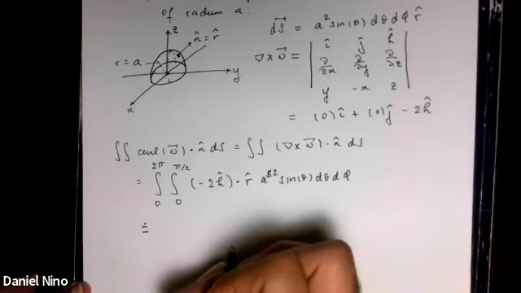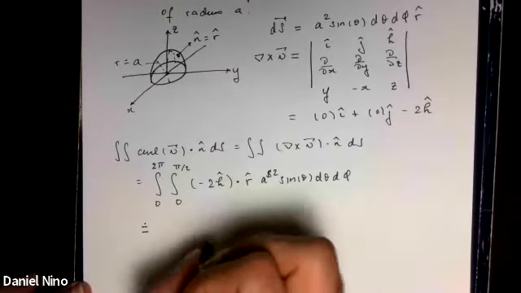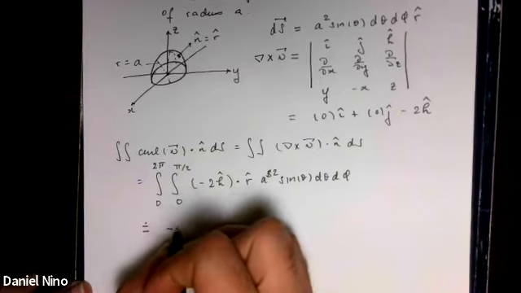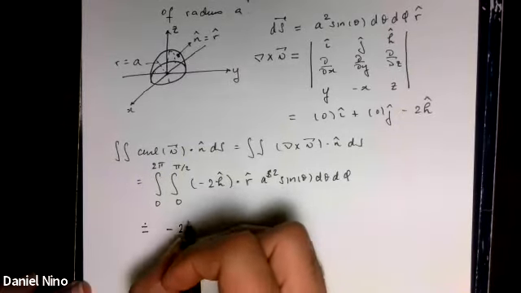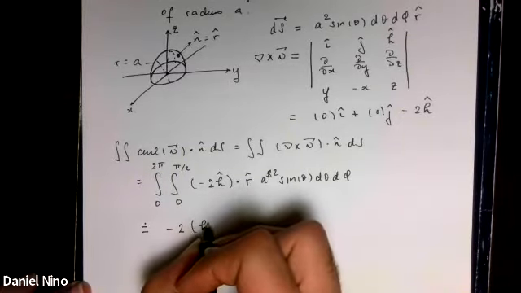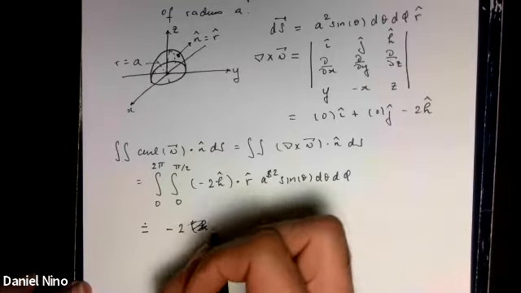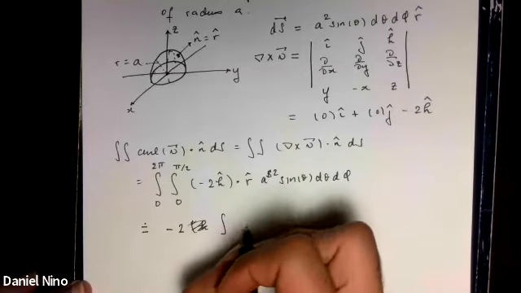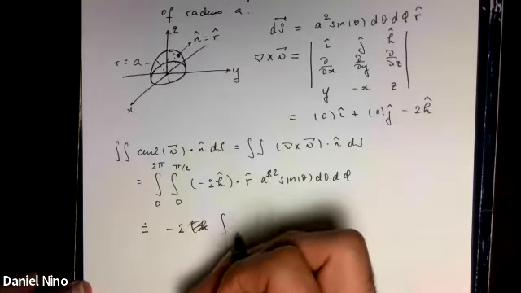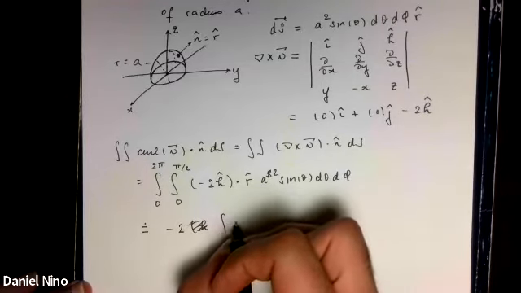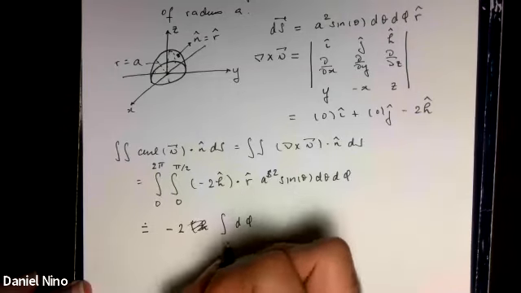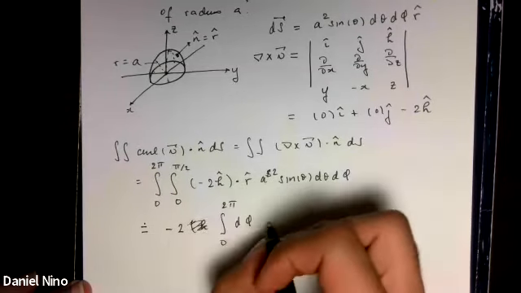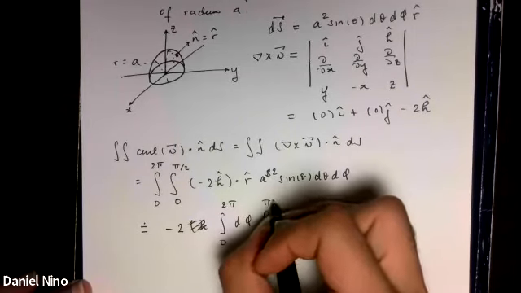So this is then equal to -2, d phi from 0 to 2 pi, 2 pi over 2.